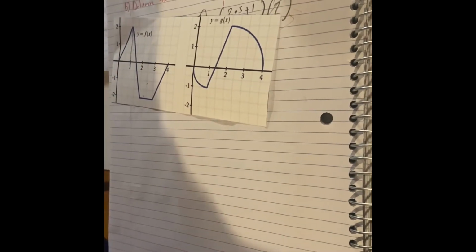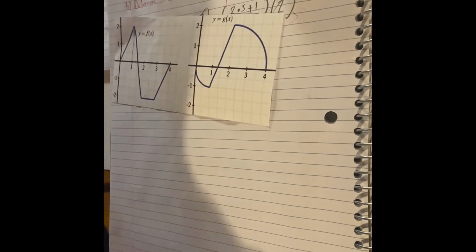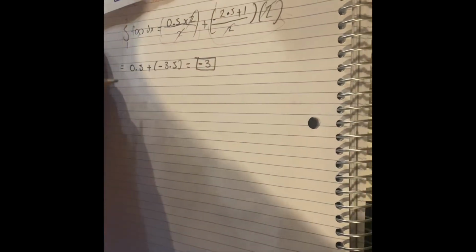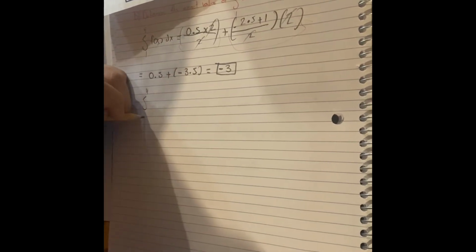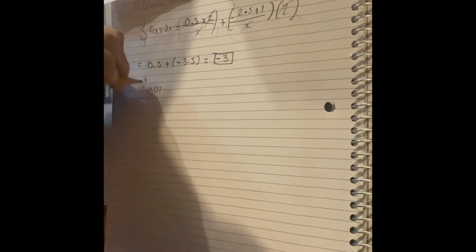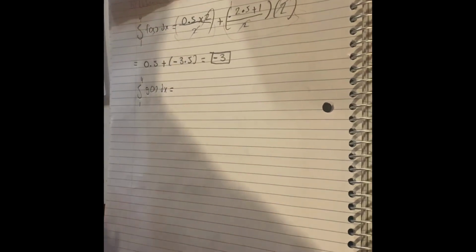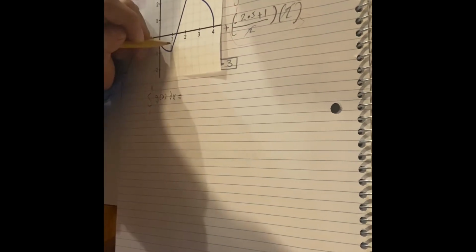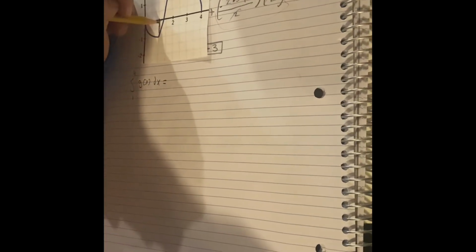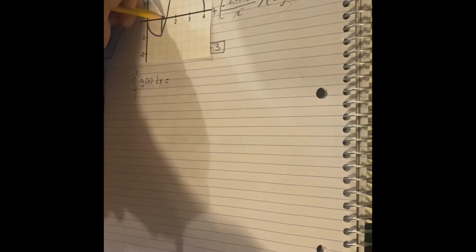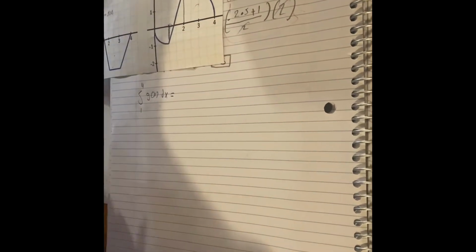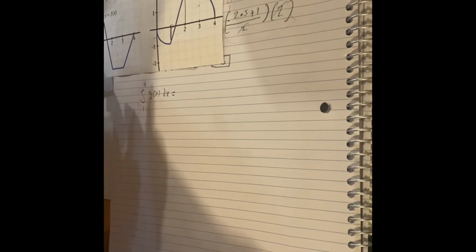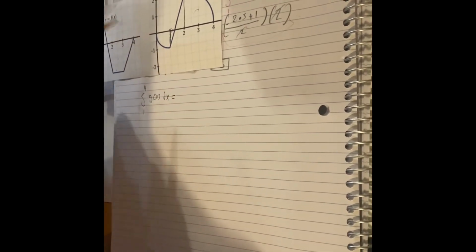So now we're gonna do the same thing, but for g of x. The integral from 1 to 4 of g of x dx is gonna equal, notice that here we have 3 geometrical figures. From 1 to 4, we have a triangle, we have another triangle, and we have 1/4 of a circle. So now we're gonna add this.